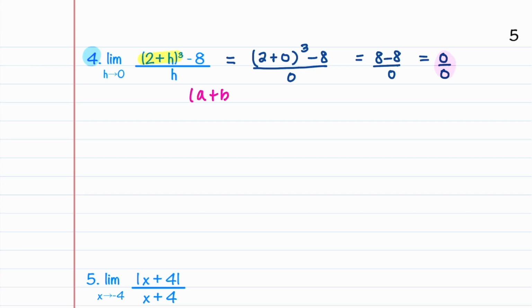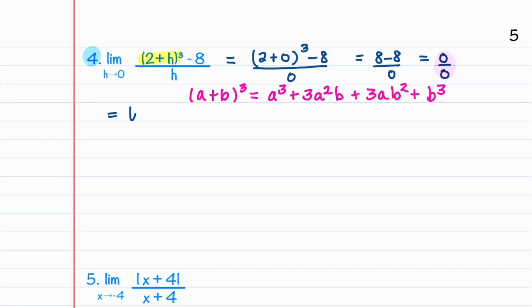A plus b quantity cubed is a cubed plus 3a squared b plus 3ab squared plus b cubed. If you don't want to remember that formula, you can just multiply 2 plus h cubed out by hand.